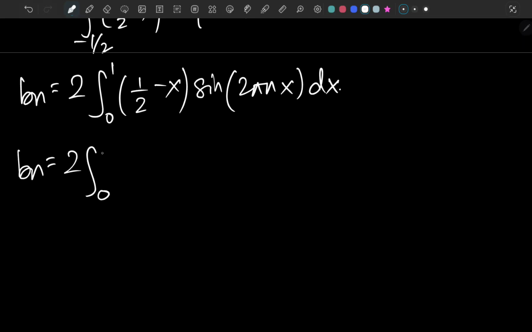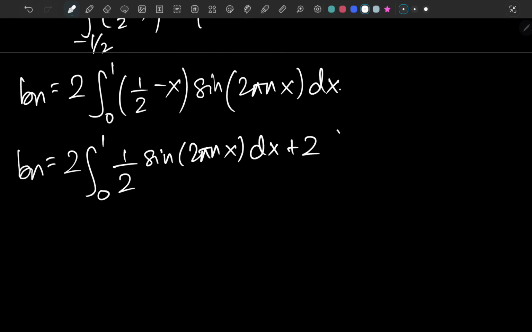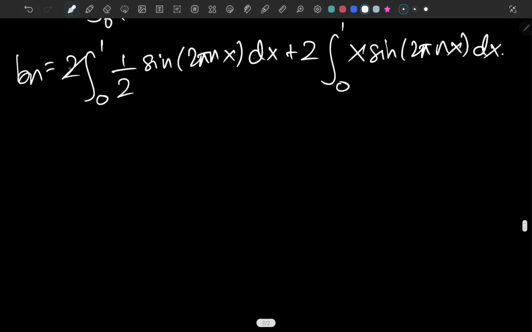So we can say 2 times the integral from 0 to 1 of 1 over 2 sine of 2 pi nx dx, plus 2 times the integral from 0 to 1 of x times sine of 2 pi nx dx. So this 2 and this 2 cancel out, and we have b sub n as well.